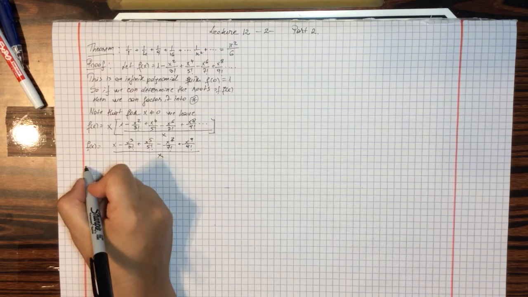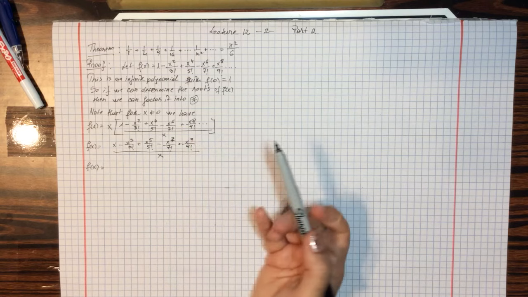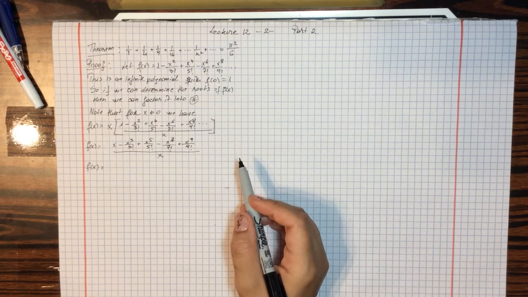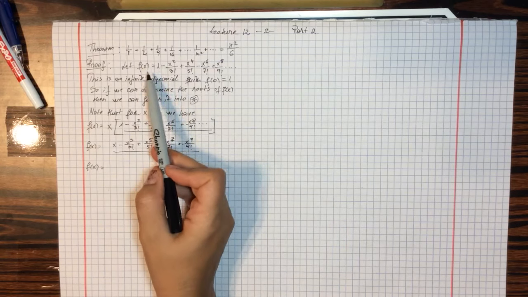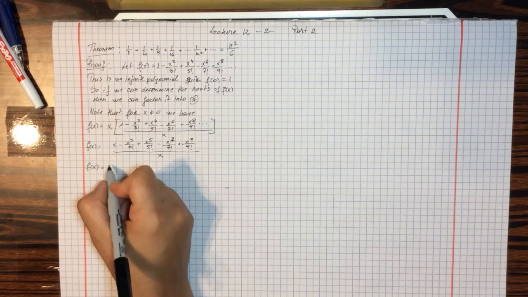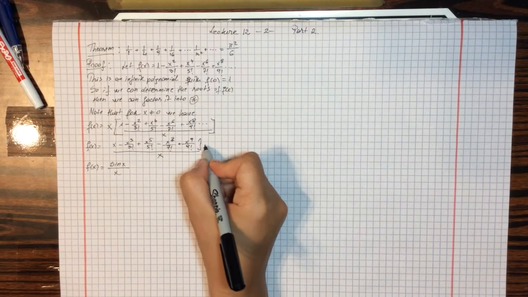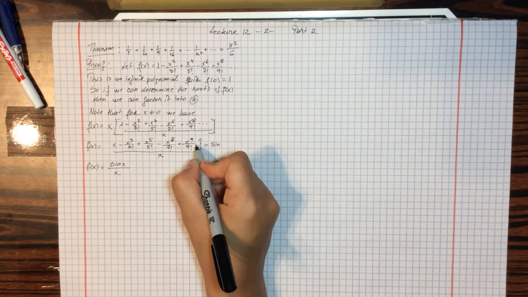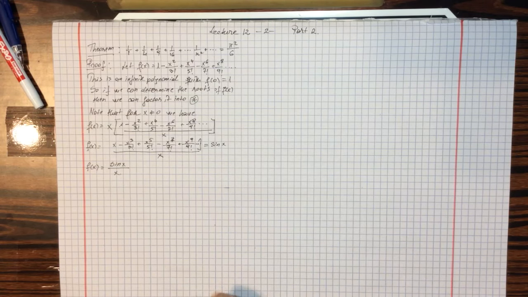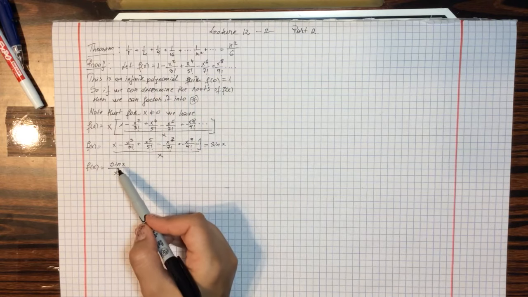Well, okay, then in this case the top is nothing other than the sine function that we talked about in part 1. So my original function can also be rewritten as sine of x over x, because the top is equal to sine of x from part 1.